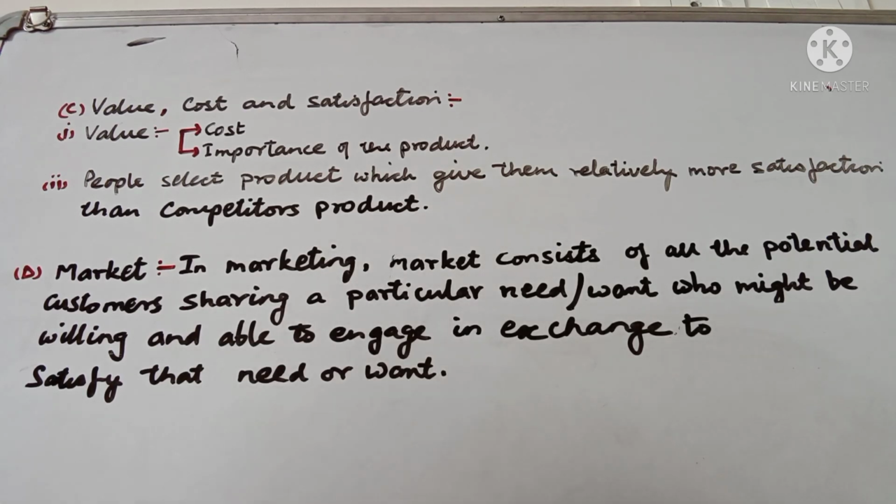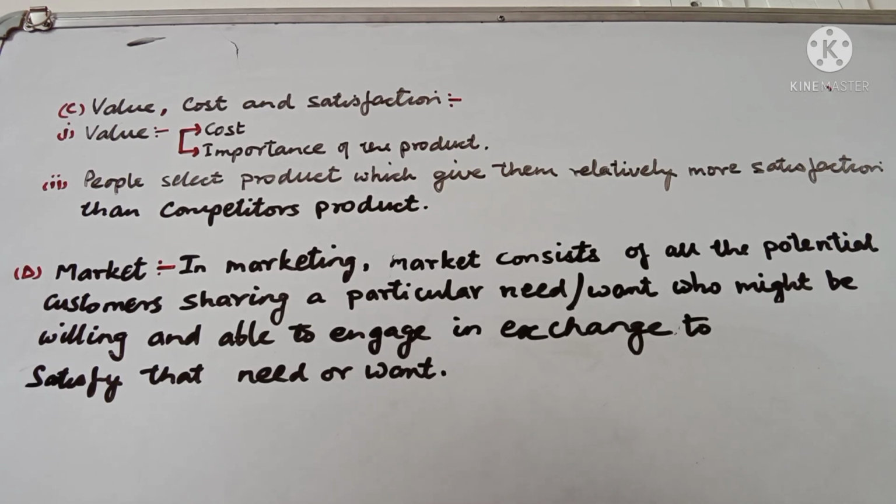Another aspect of value in marketing is in terms of its importance, how important or how valuable the product is for a person. For example, for all educated people or students, a pen is of utmost value because it helps in writing and recording things.